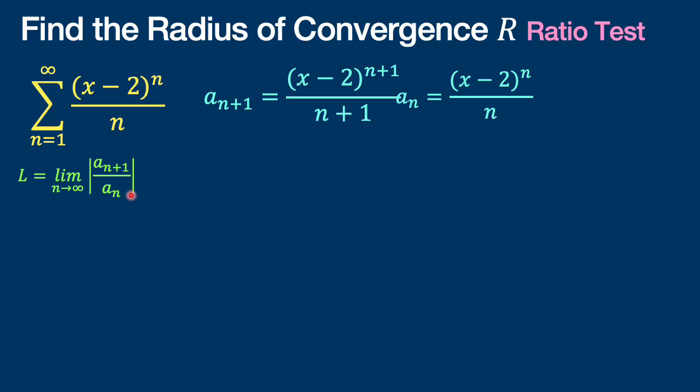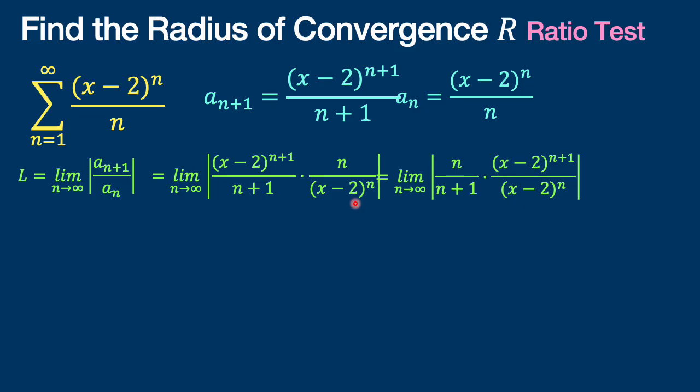We practice the ratio test a lot, right? So here, the first term is the a_{n+1} term, and the second is 1 over a_n. Now, what do you have? You switch the spot: n over n+1, times (x-2)^(n+1) over (x-2)^n.